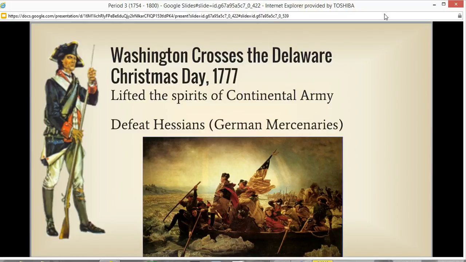A mercenary is someone who is paid to fight, and so Great Britain has so much money they can actually hire soldiers to fight for them. And so they hire these soldiers from Germany to fight in the American Revolution. And the German mercenaries are asleep. Surely they're not expecting an attack on Christmas Day, but George Washington and his men sneak across that Delaware and they stage an attack.